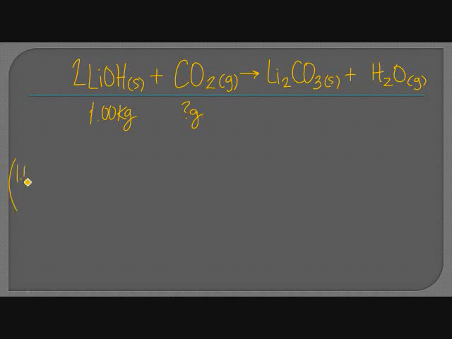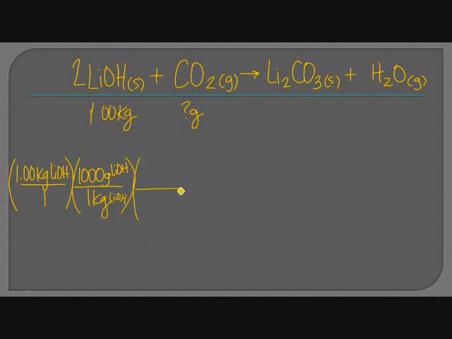So we have 1 kilogram of LiOH over 1 is our starting point. So there are 1,000 grams in 1 kilogram. Okay, now we can then go with our normal converting.